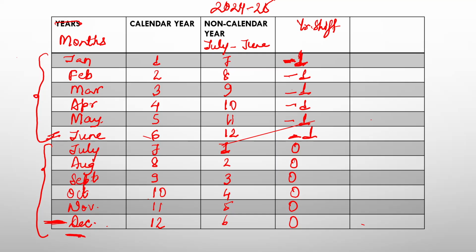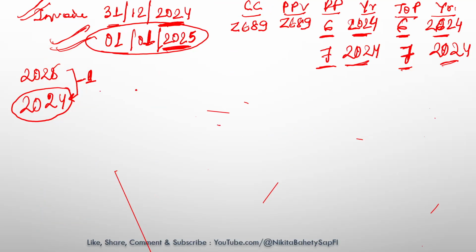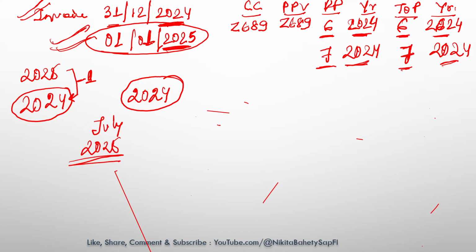So from July to December, invoices will be posted for the financial year 2024. But our client wants that from July onwards 2025 be started. That means we always have to listen to our client, right?